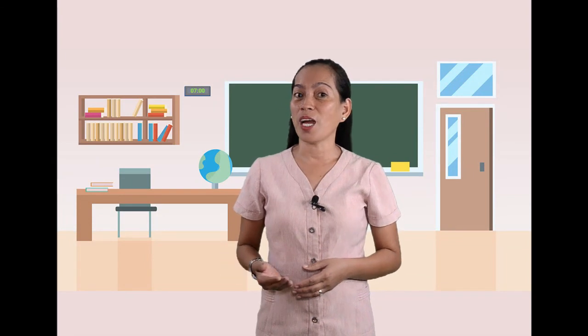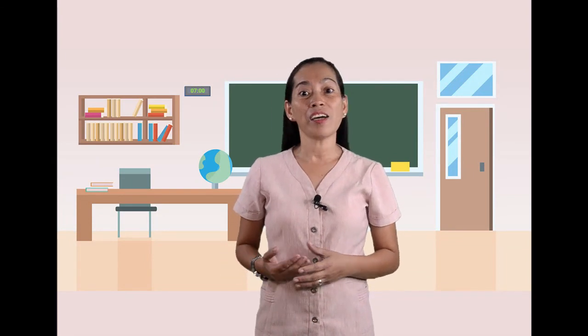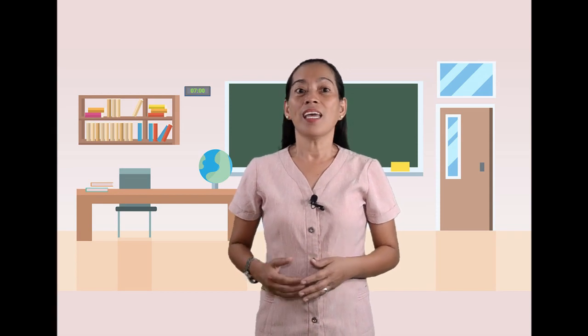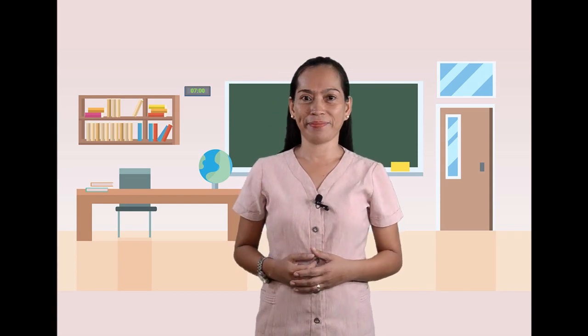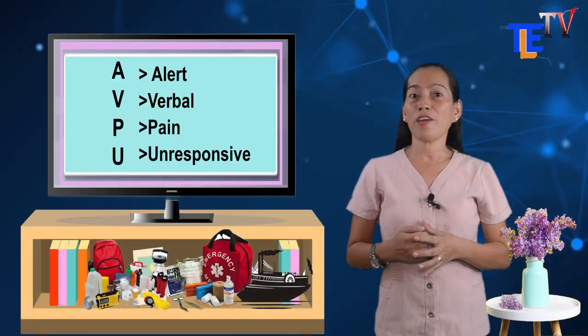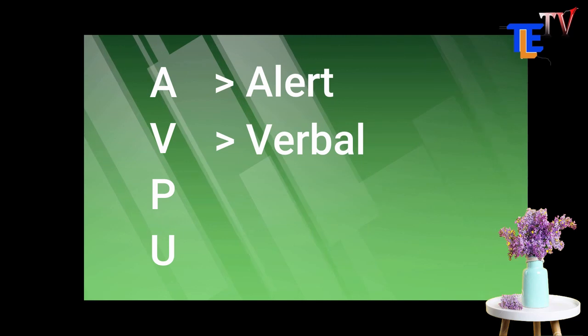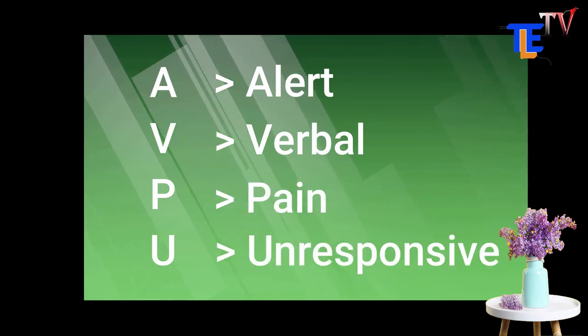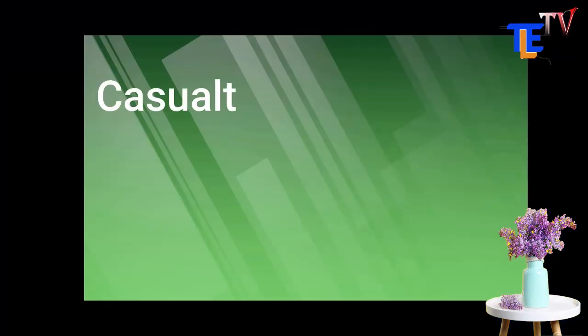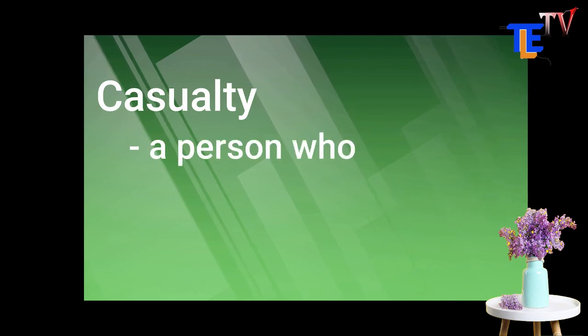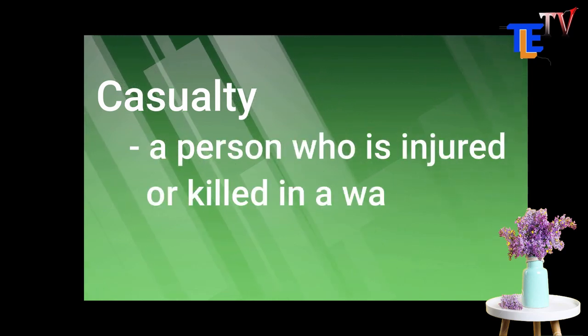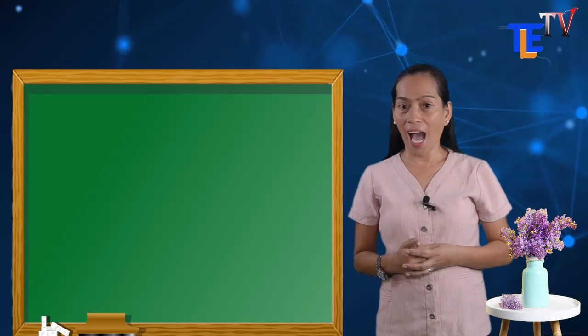Before we go further, let's first familiarize ourselves with the different technical terms. Let's read together. AVPU: alert, verbal, pain, unresponsive. Casualty: a person who is injured or killed in a war or in an accident.